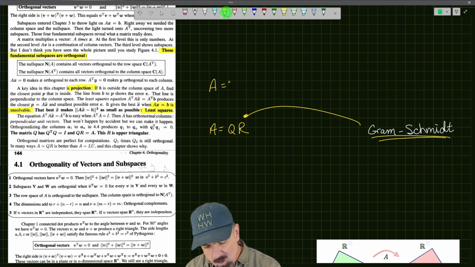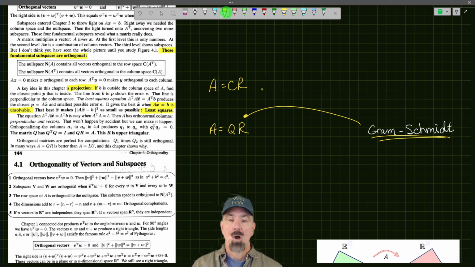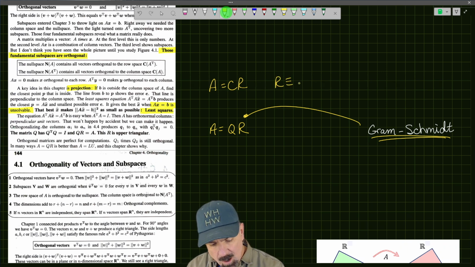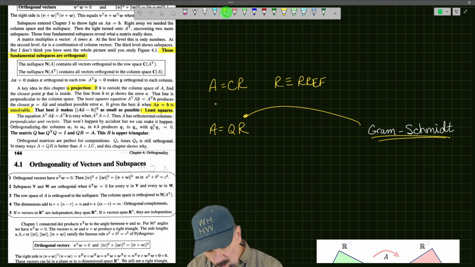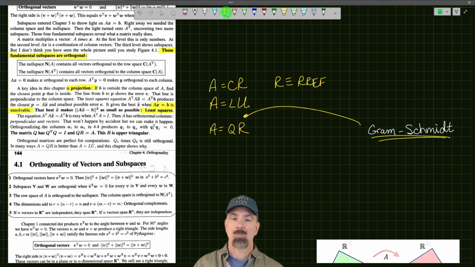Remember, we did A = CR, where R is really the RREF without the 0 rows, and the vectors in C are the independent vectors that are in the columns of A. We also looked at A = LU, and this was the process of Gaussian elimination. We execute Gaussian elimination, we come up with this decomposition, and it has some advantages for us, primarily the ease with which we can construct the L matrix given the elimination that we're doing.